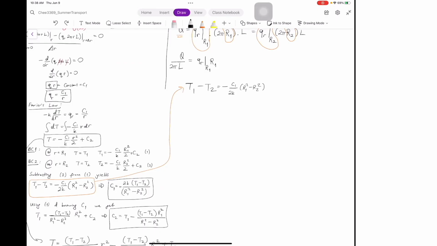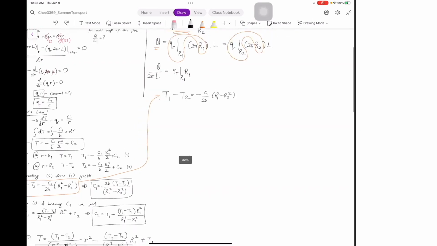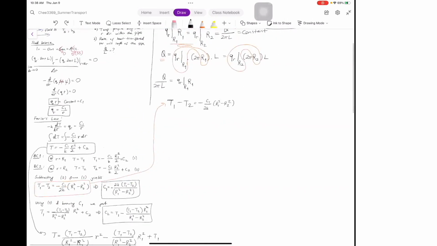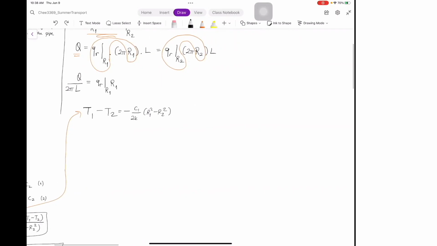That doesn't give me anything, but I'm going to solve for C1 using this equation, using the QRs. Okay. So as you can see, the C1 is nothing but the same C1 as the QR times R. So instead of C1, you can write down QR times R. That's the same C1 which actually gave us the rest of the equations, right?